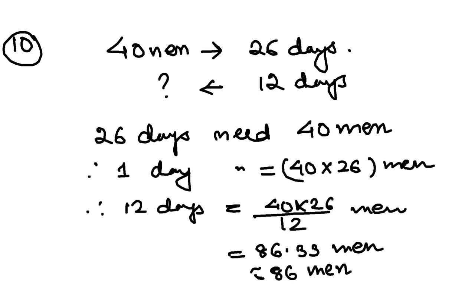Let me write it here for you: approx 86 men. This is how you're going to write round off. So approximately 86 men will be required to do the same job in 12 days. 86.33 is rounded off to 86.